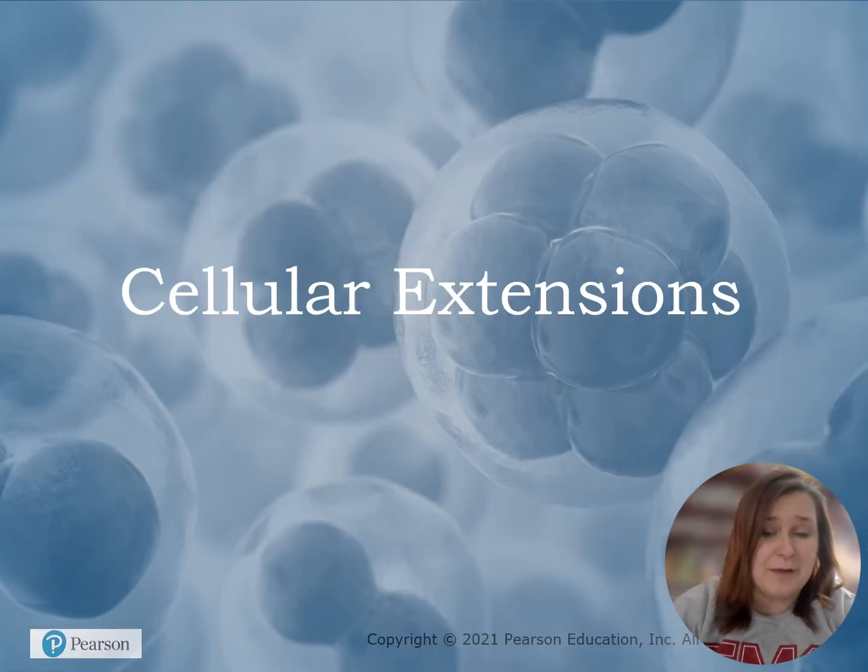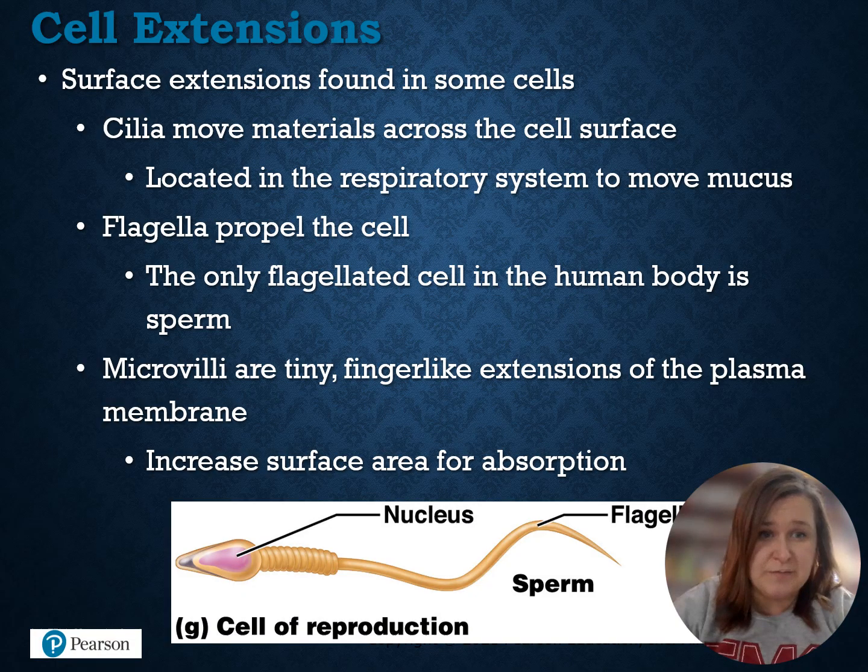Let's talk a little bit about cellular extensions. Cellular extensions are going to be surface extensions found in some cells. These are going to be things like cilia and flagella. Cilia are going to move materials across the cell surface. These are things like the little hairs that are located inside of our respiratory system to help move mucus out.